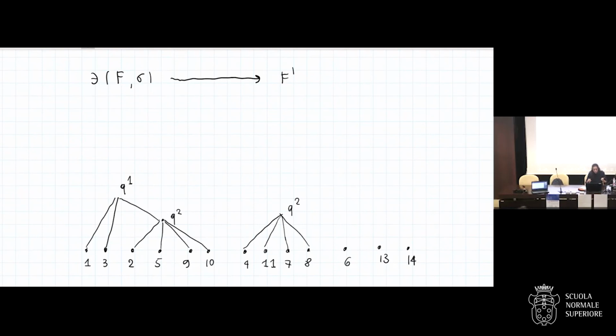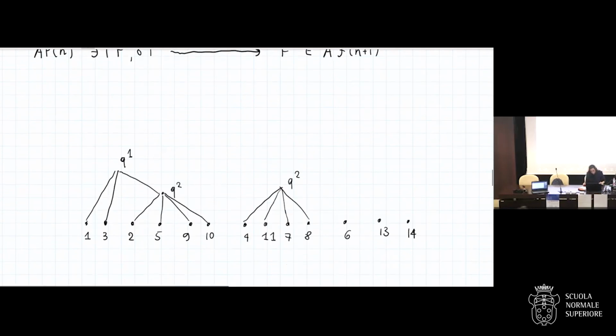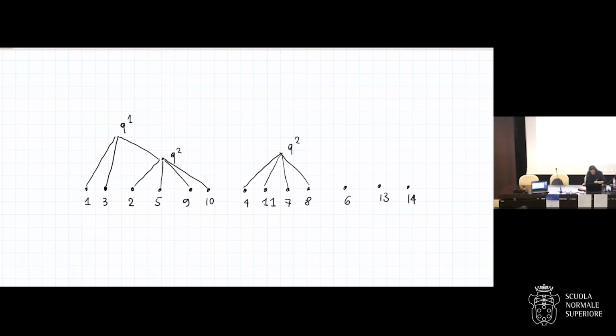Here we're assuming this pair to be in the set of admissible pairs over n leaves, and this forest to be over n+1 leaves. So we start with a forest F with 5 connected components, and we assume our graded pair is given by F sigma, where sigma is 1, 3, 2, 5, 4.